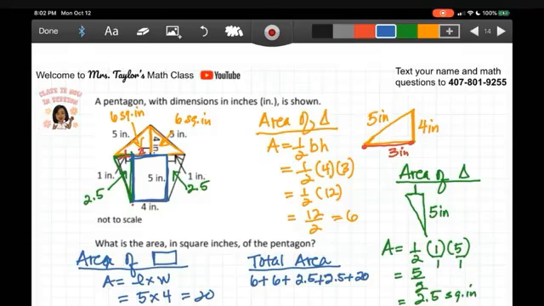And let's add all that together. That's going to get me 12, plus these two get me 5, plus 20. This gives me 17 plus 20, 37. So my total area of the pentagon would be 37 square inches.